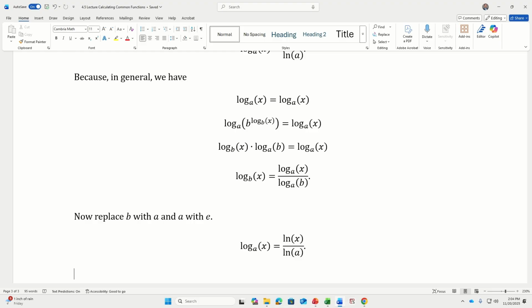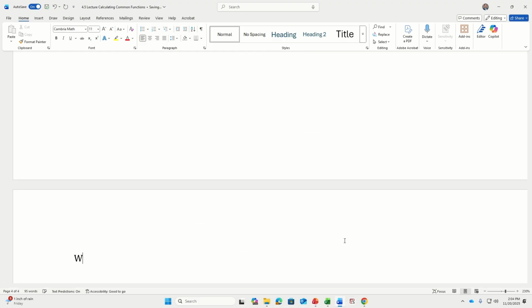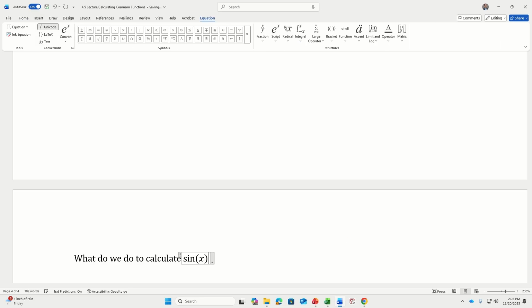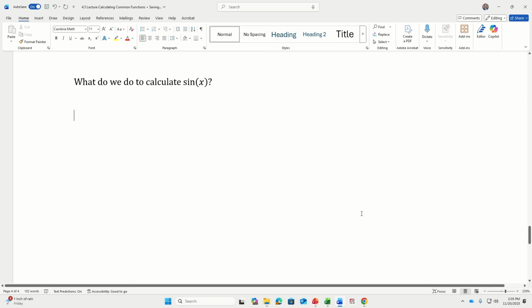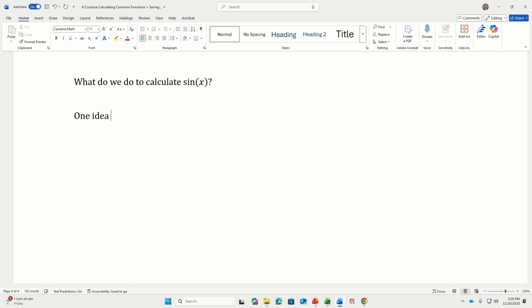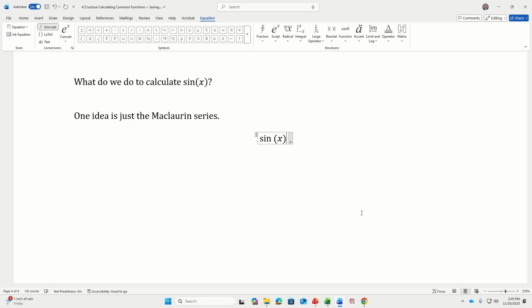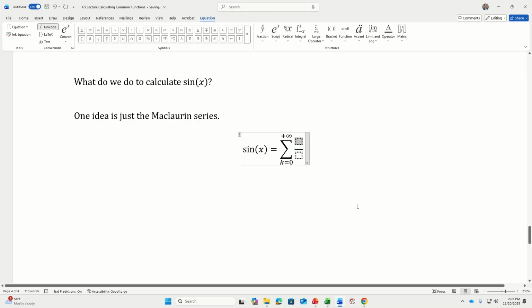Then, what would we do with sine? One idea is just the Maclaurin series, because sine of x has a Maclaurin series. I'm almost definitely going to mess this up, but we'll try. It's the sum k equals 0 to infinity of, it's the odds.